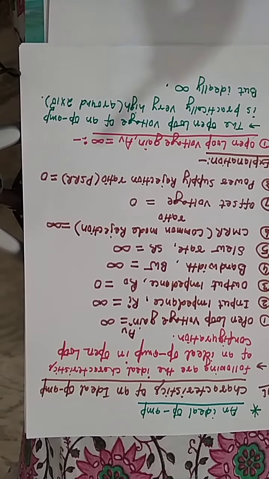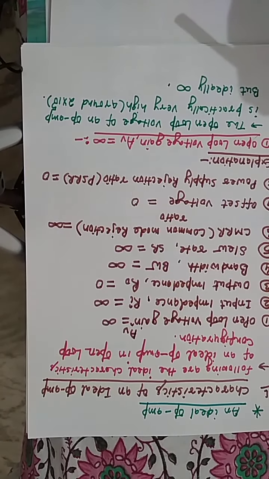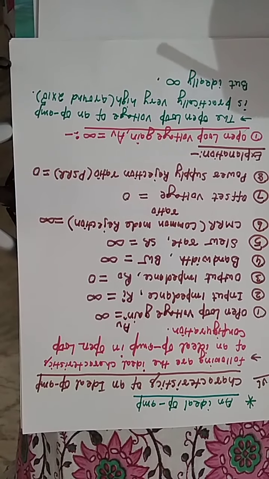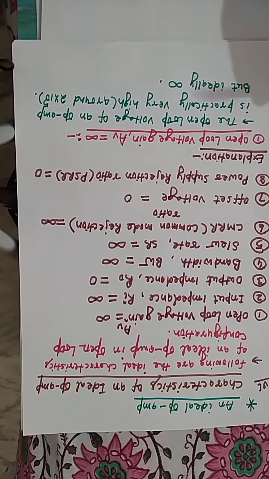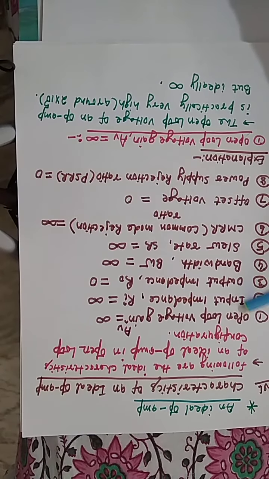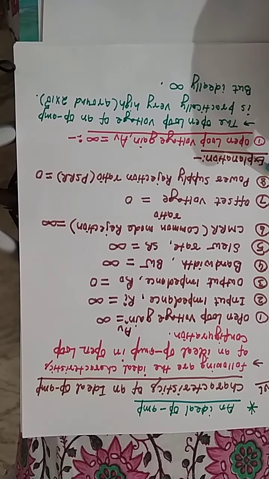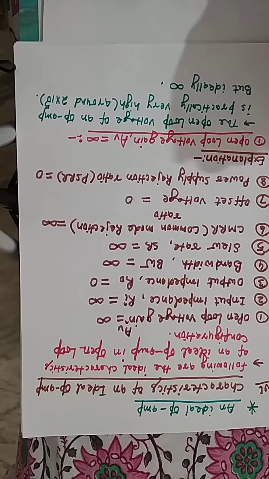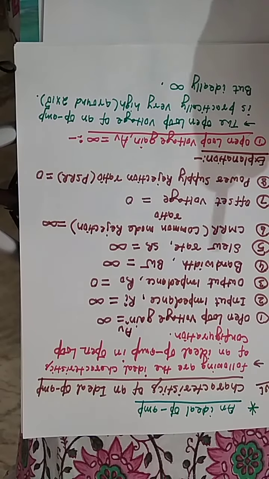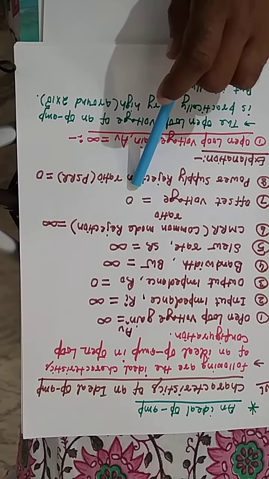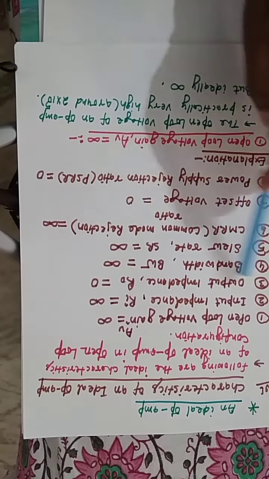Then how will we remember which parameter will be 0 and which will be infinity? So guys, I want to tell you a trick with one exception. The parameters starting with O, except power supply rejection ratio, are 0. Offset voltage starts with O, that is why it is 0. Output impedance starts with O, and this is 0. O means 0.